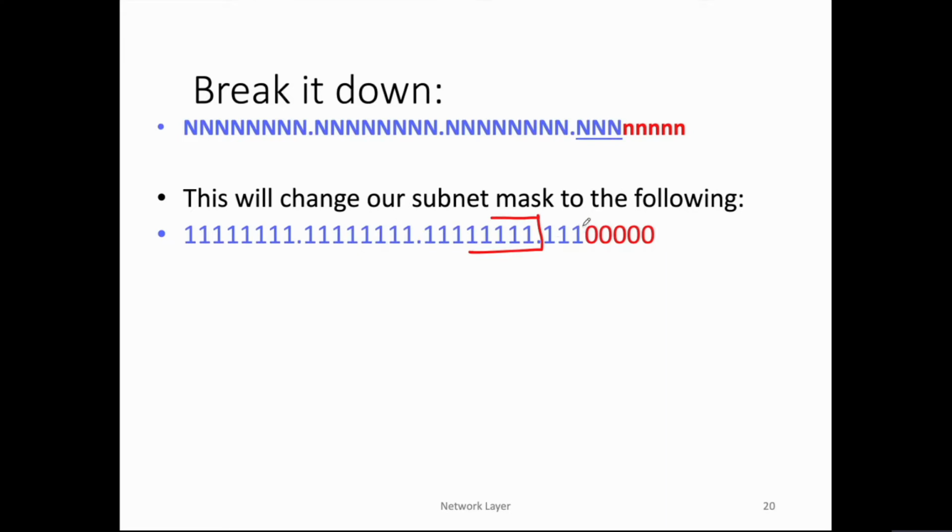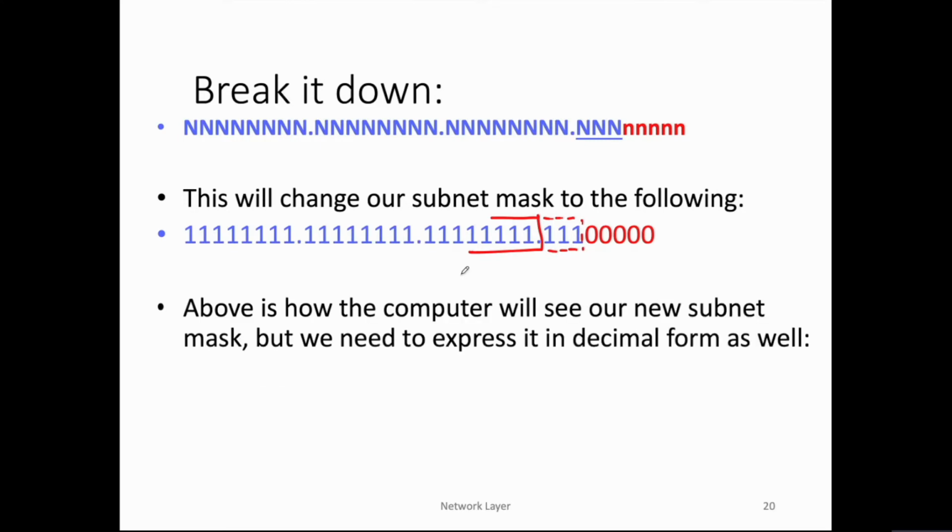Now we have borrowed 3 bits, and these 3 bits will be representing the network portion. Now we can easily calculate the subnet mask, which is the first step in the implementation of subnetting. By default, all the bits are 1 in the network portion.